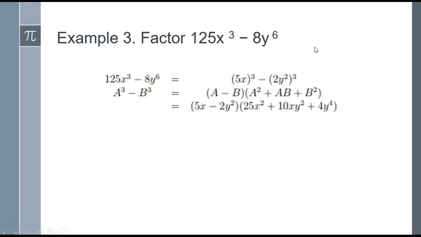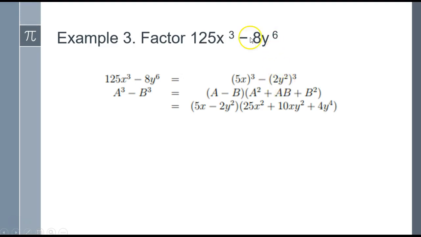And if you wrote those y squareds each out the long way, y times y times y times y times y times y, you would have 6 in a row. So the rule is when you raise an exponent to an exponent, you multiply the exponents. So 3 times 2 is 6. So y to the 6th can be written as y squared raised to the third power.